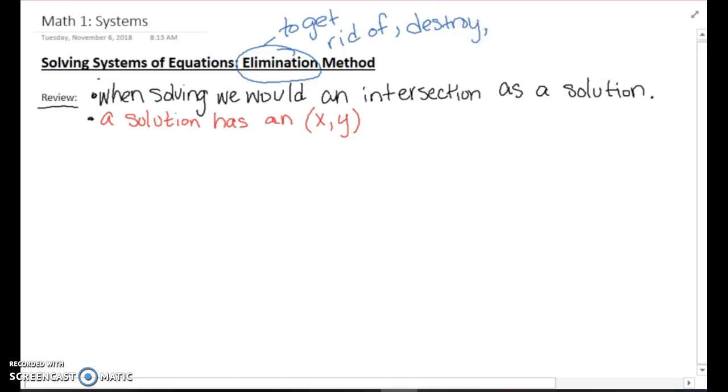And I've even had students that say kill, but we're not going to write that down because that's a little on the extreme side. But I think we get the point about what elimination means. Eliminación in Spanish.